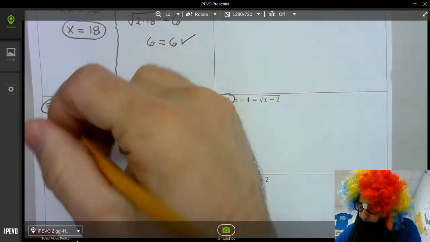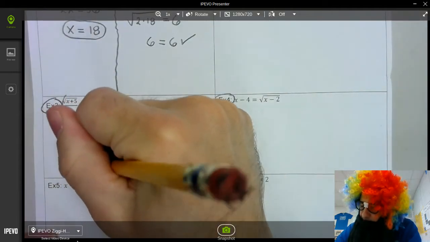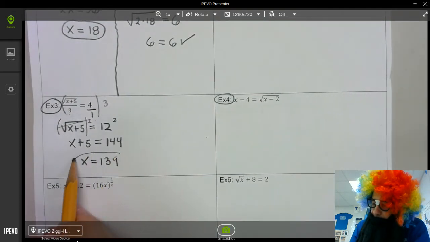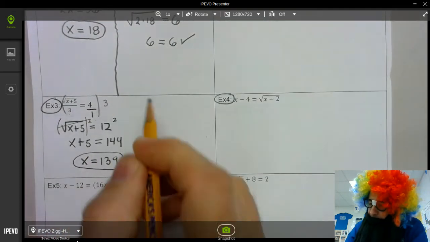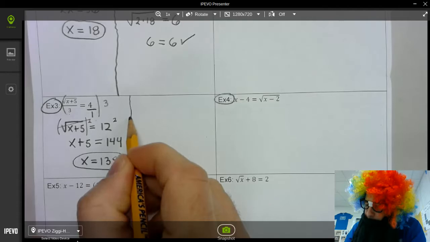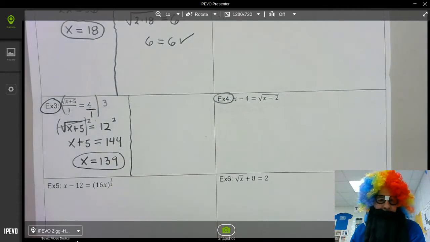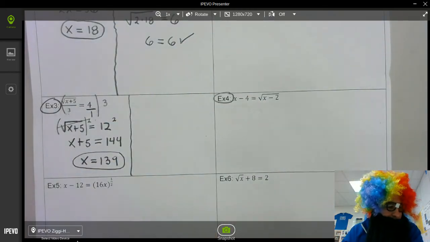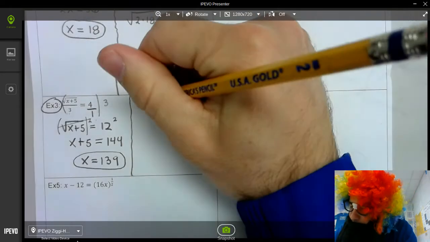We subtract 5 from both sides, so x equals 139. We've already simplified and solved, so now we're on to step 4, check for extraneous solutions.